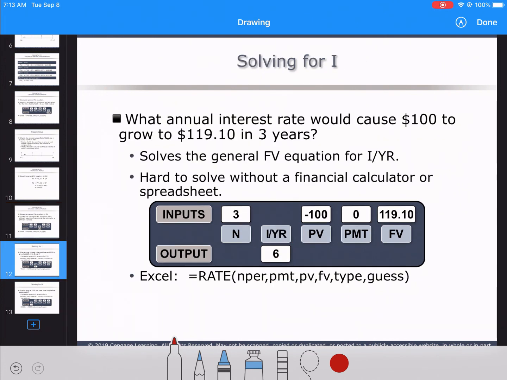Then we solve for I, and let's say $100 grew to 119.10 in 3 years. So you put N equals 3, present value 100, payment 0, future value is 119.10, compute I, it is 6%.